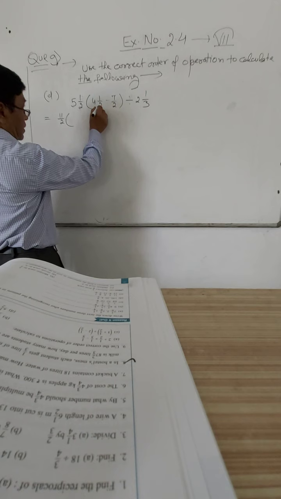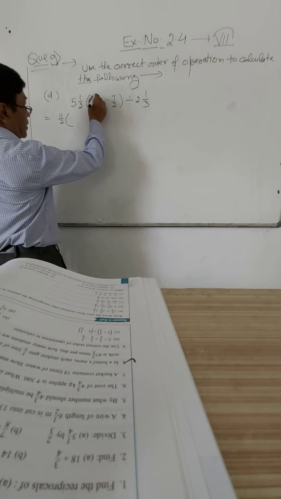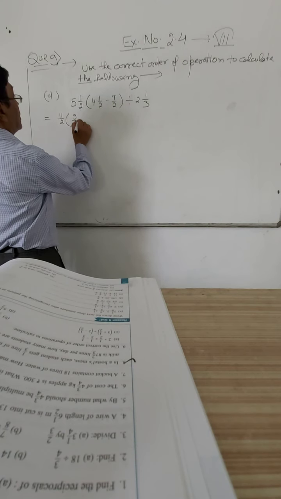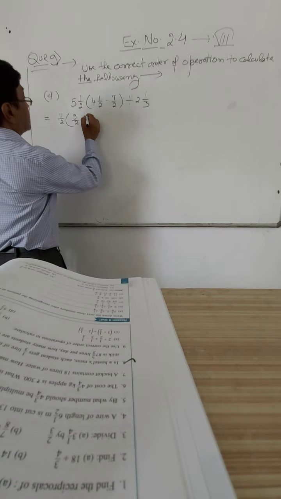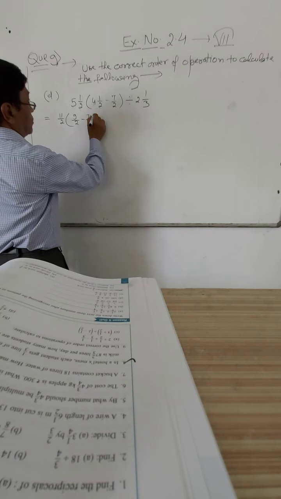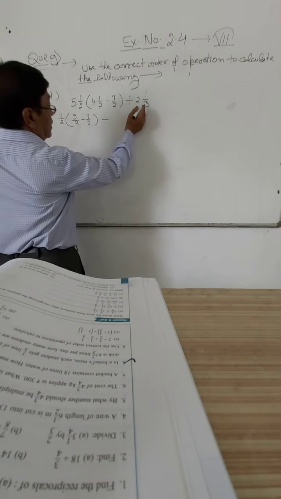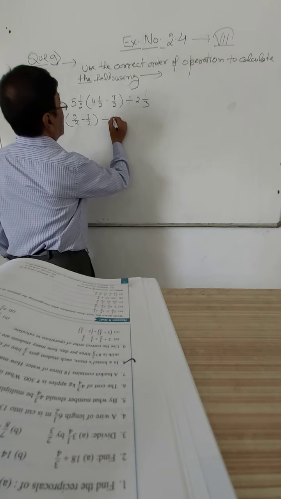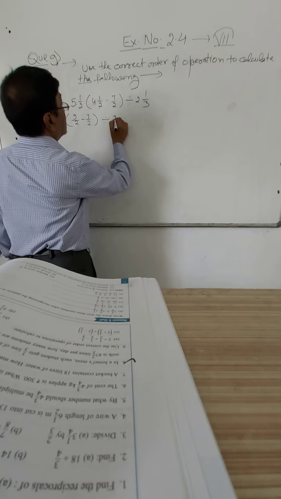Here inside, 2 times 4 is 8 plus 1, 9 by 2, minus 7 by 2, divided by 3 times 2 is 6 plus 1, 7 by 3.